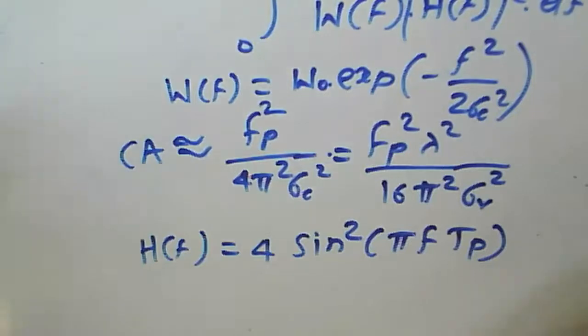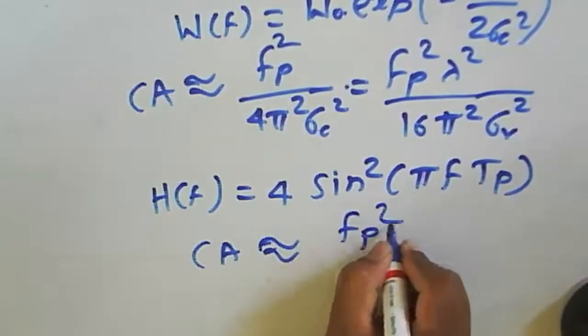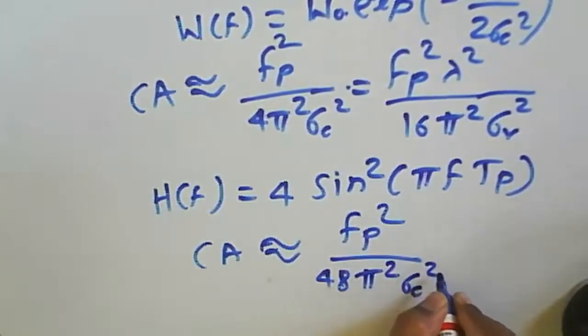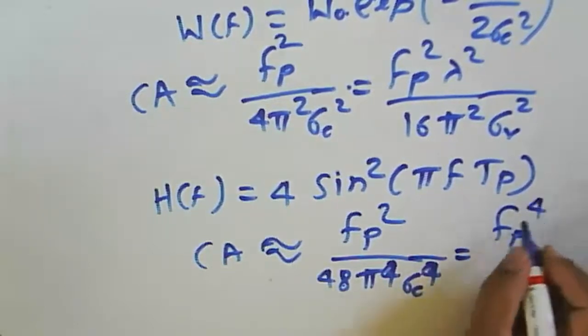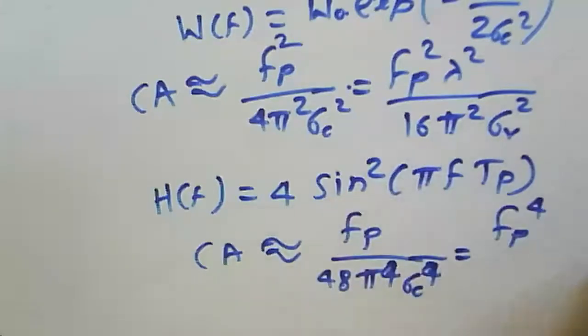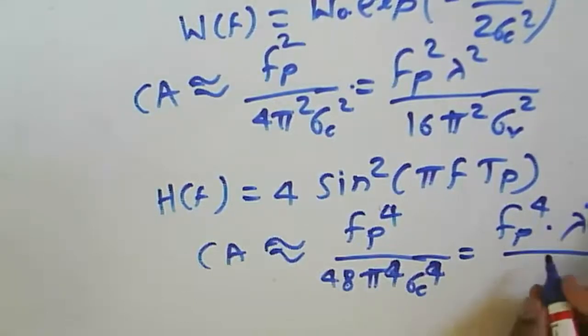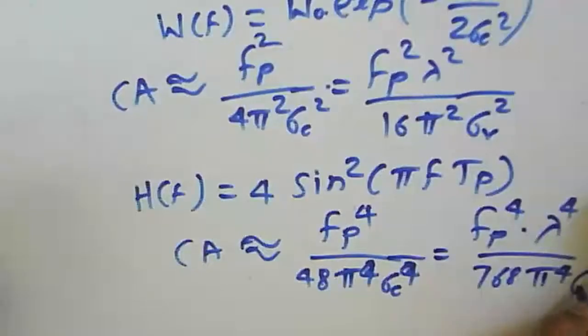So the clutter attenuation using a double delay line canceller will be approximately equal to fp to the power 4 lambda to the power 4 divided by 768 pi to the power 4 sigma c to the power 4.